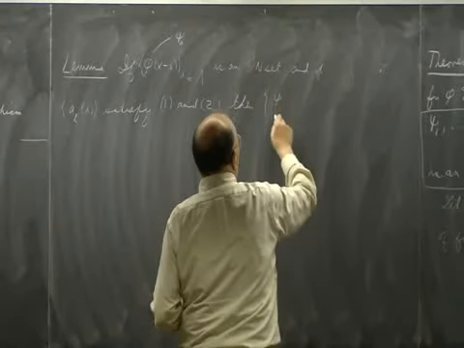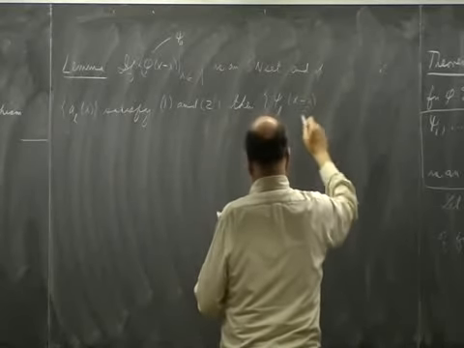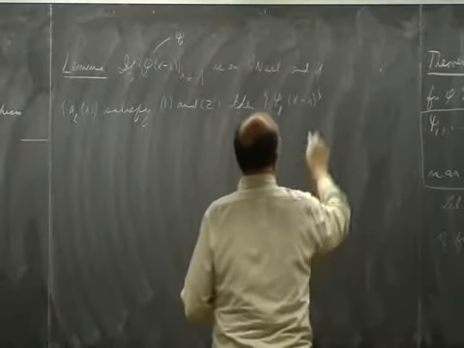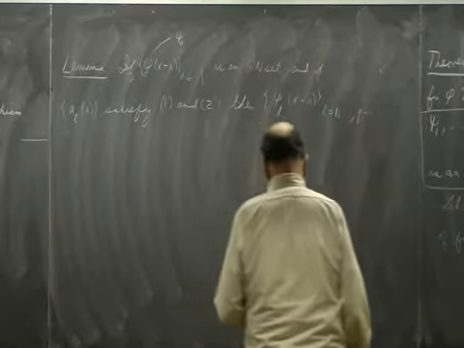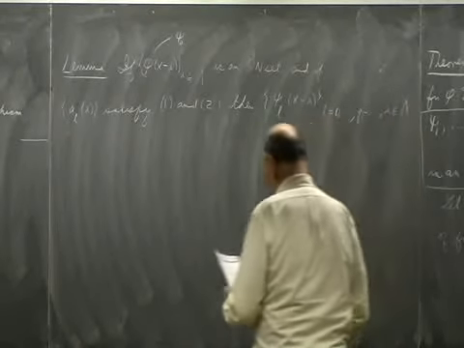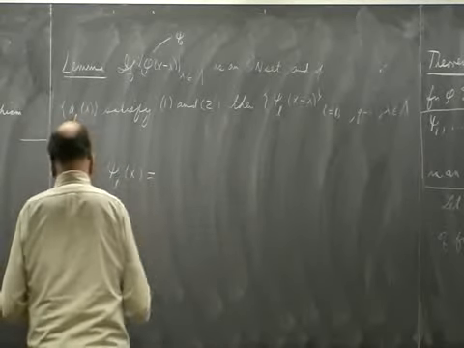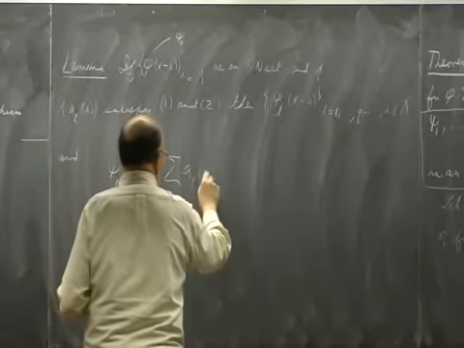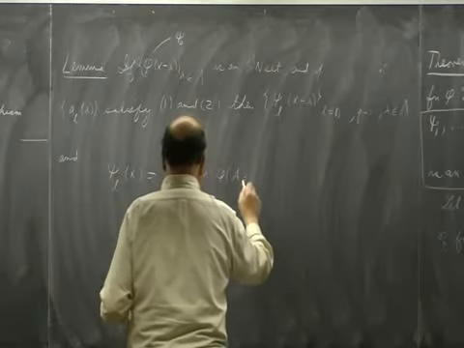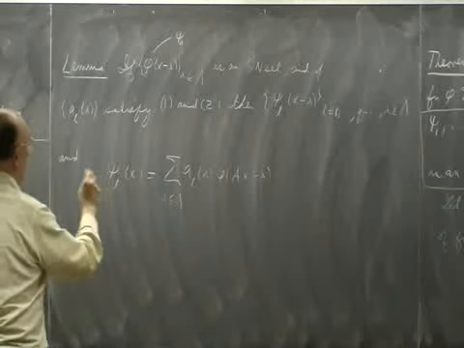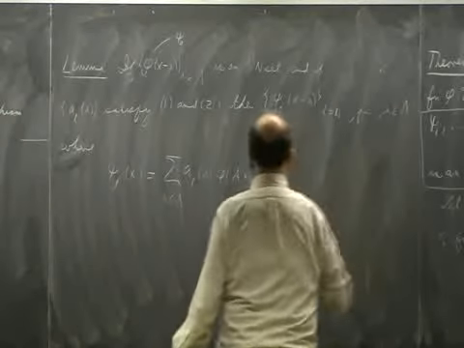Then these functions here, psi L of x minus lambda, where L goes from 0 up to q minus 1, and lambda is in the lattice, and psi L of x is this linear combination, A, L, lambda in the lattice of phi of A, x minus lambda, is orthonormal.